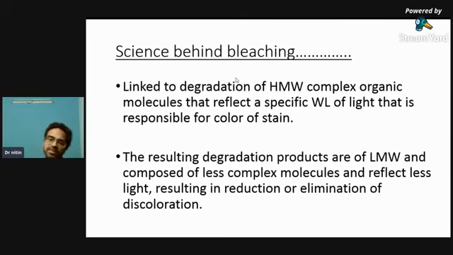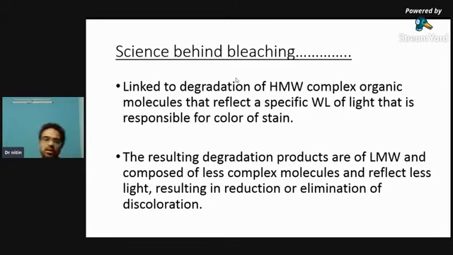Now what happens when the active components of a bleaching kit, that is H2O2 or carbamide peroxide, are placed on the tooth? They cause degradation of these high molecular weight complexes, and result in less complex molecules, from which when the light reflects, it is interpreted as less discolored, or totally elimination of discoloration.